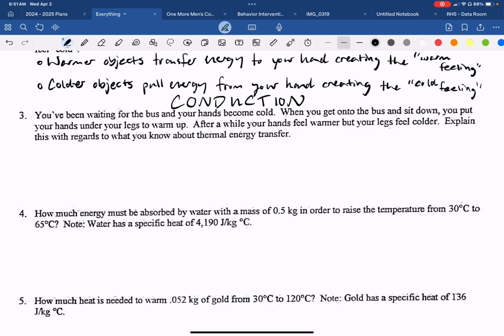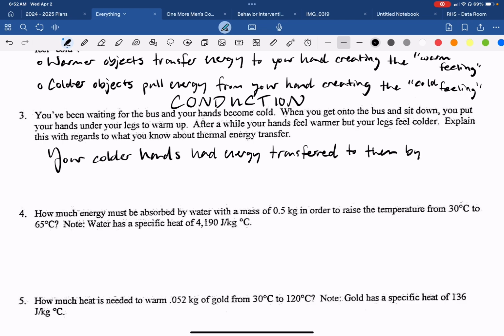So, your colder hands had energy transferred to them by your warmer legs. The result is that your hands being warm, that's an increase in energy.